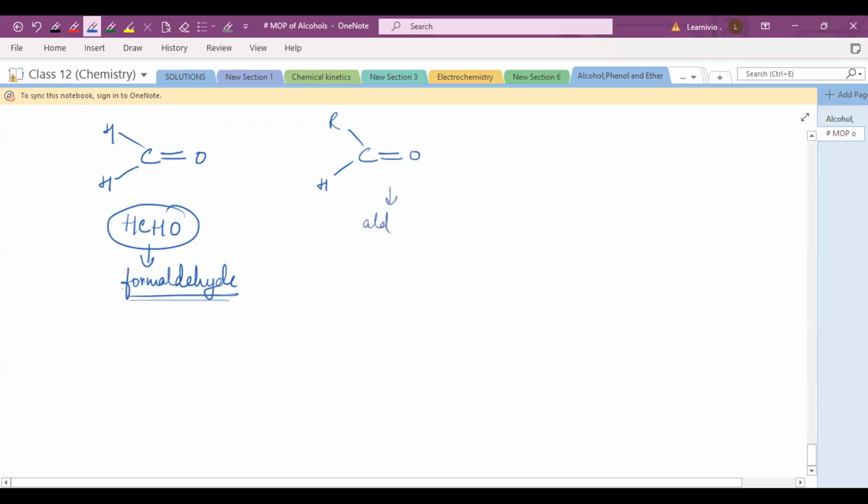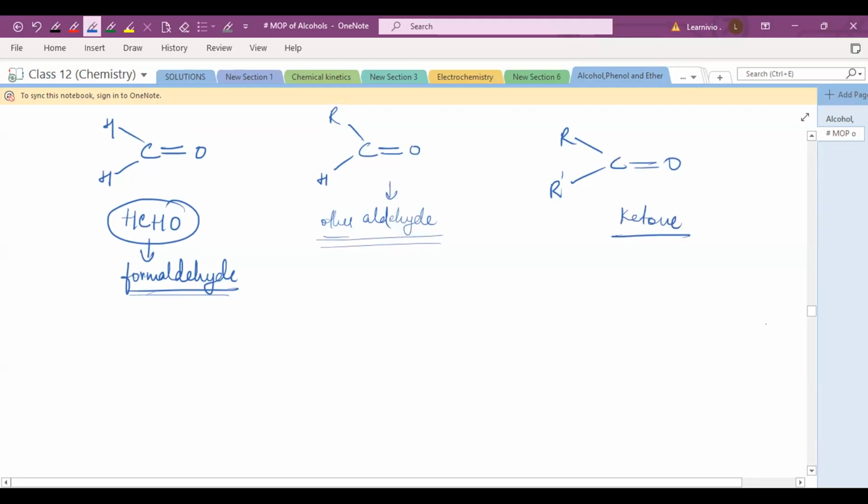Formaldehyde is again an aldehyde, but this is any other aldehyde you can write. And the third one is, if you attach two different or the same alkyl groups to this carbon, this is your ketone.